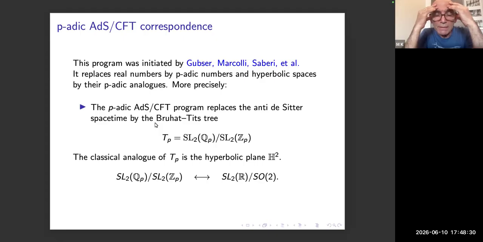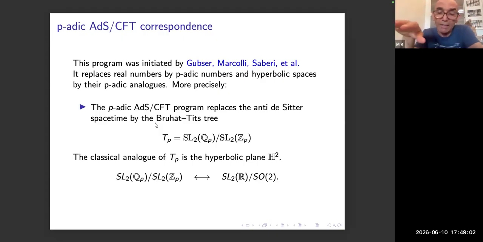In their case, they look at the p-adic numbers, SL2(Qp), and this discrete subgroup SL2(Zp). The quotient, which I will show a picture of, is the Bruhat-Tits tree. This is the exact analog of the quotient of SL2(R) by SO(2), which is the Poincare upper half plane H2.